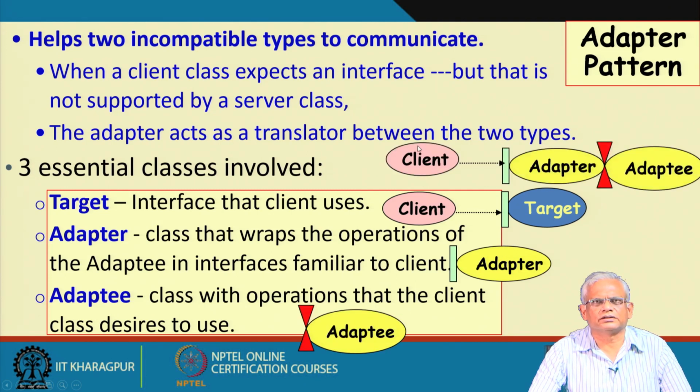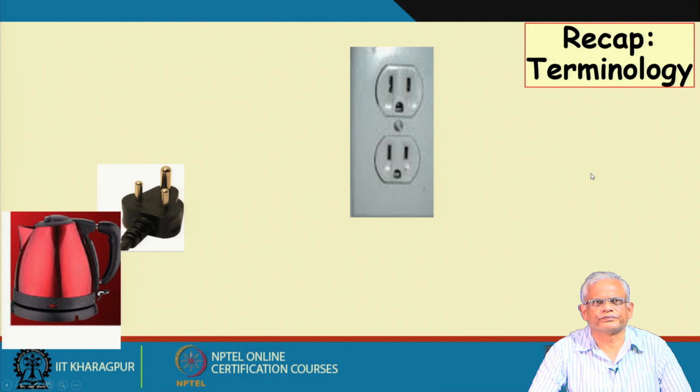So, the client makes calls to the adapter, which has the target interface, and then it makes calls to the adaptee's interface.